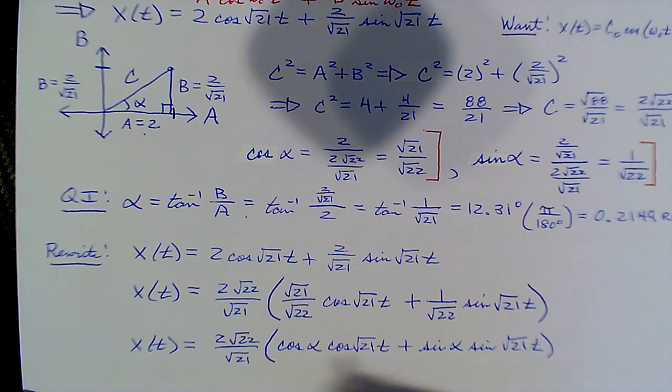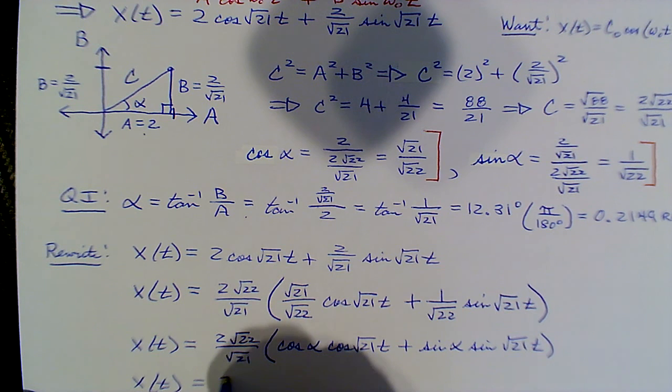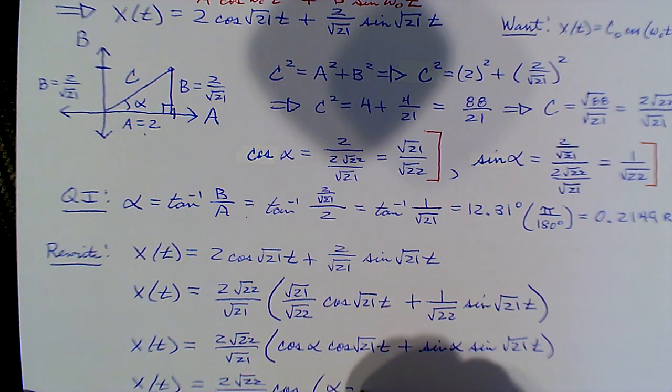And then by our special identity, what we have in parentheses is now the cosine of the difference. Cosine p cosine q plus sine p sine q is cosine of p minus q. So therefore we get cosine of alpha minus square root of 21t.